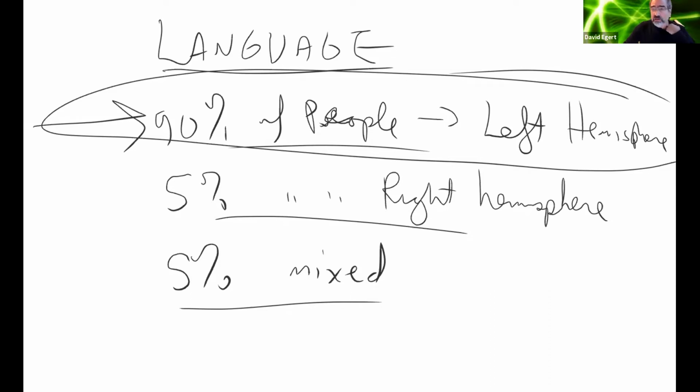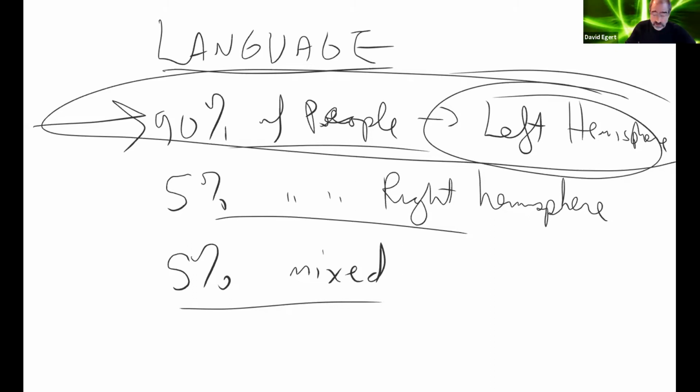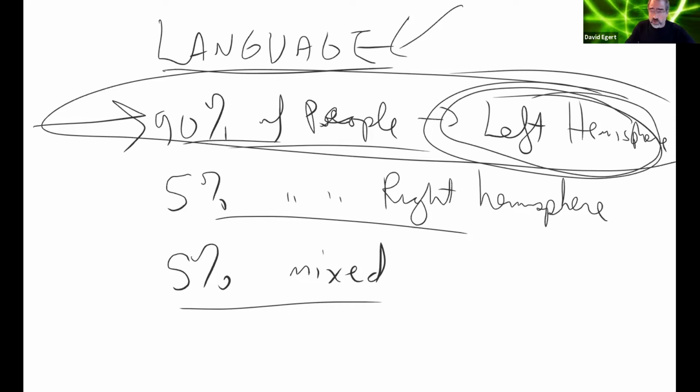Other things that are kind of lateralized, there's stuff in pop culture even about left brain and right brain, and that is coming from basic research. The left hemisphere in general tends to be more analytical, looking at the meaning of language versus the emotional content, the affective aspects of language. The left hemisphere tends to deal more with meaning in language or numbers, whereas the right side is more about spatial relationships.